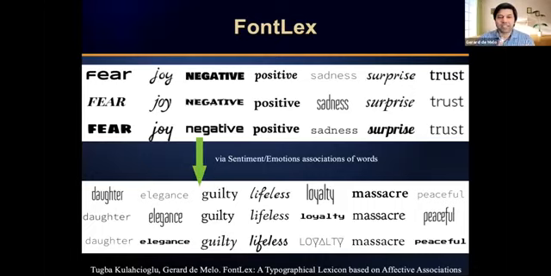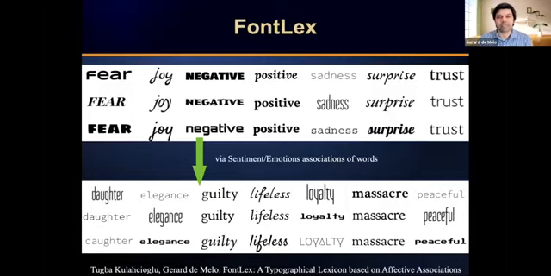So our existing data, which we derived, was a font emotion database. And now what if we put that together with a word emotion database? And by going via this emotional space, we can basically, for any kind of word, find some suitable fonts that best reflect the emotions associated with the word.